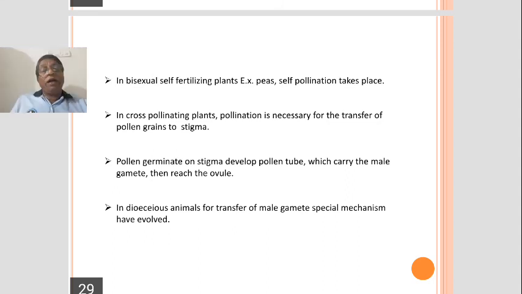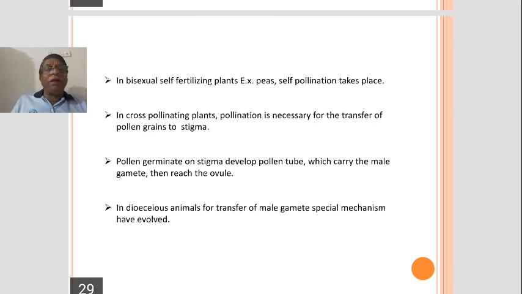Then, if the pollen is compatible, pollen germinate on stigma. You are going to conduct one experiment, pollen germination on stigma in your practical class. Okay. Pollen germinate on stigma.